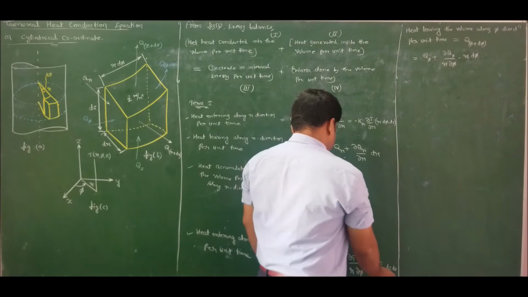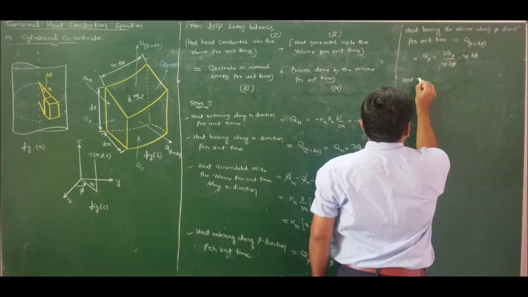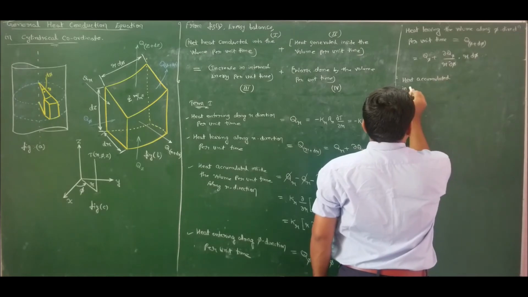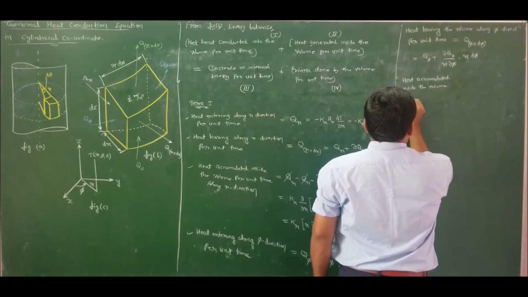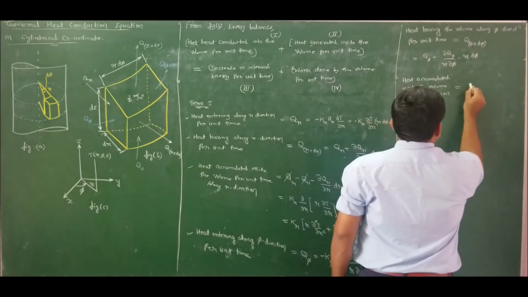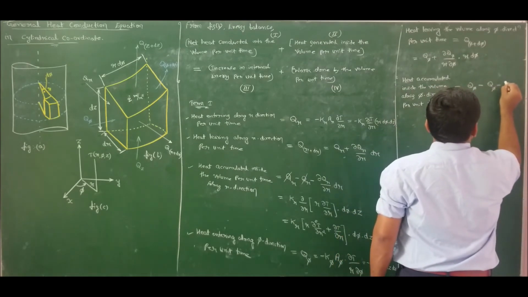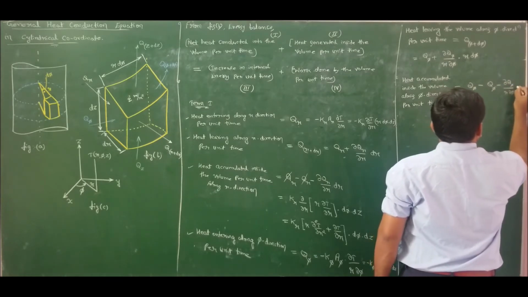So therefore, if I substitute this and solve, I will get heat accumulated inside the volume along phi direction per unit time will be heat entering is q phi minus heat leaving is q phi minus dou q phi by r dou phi, r d phi.